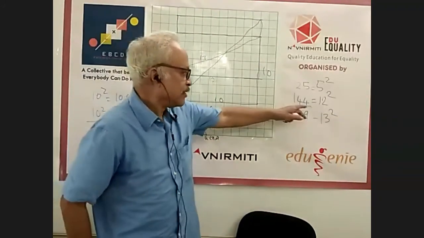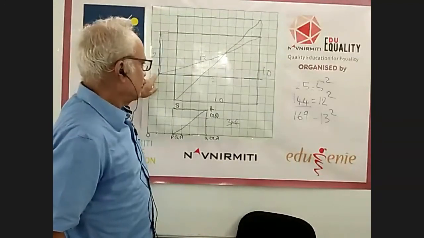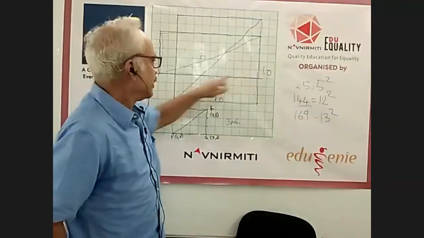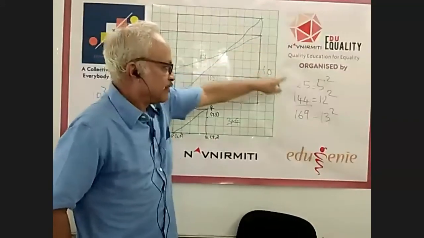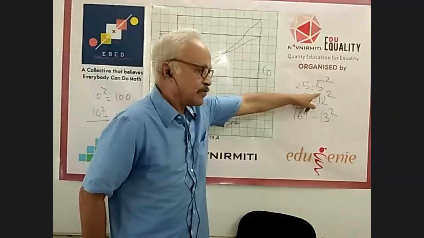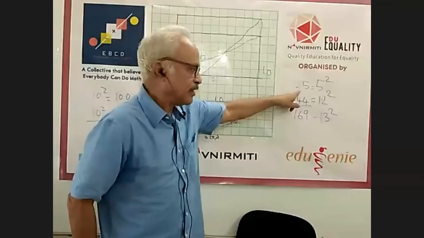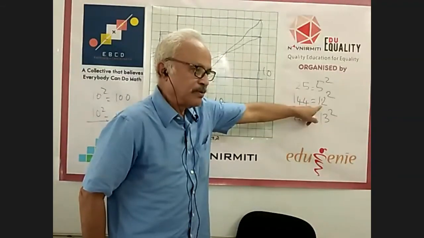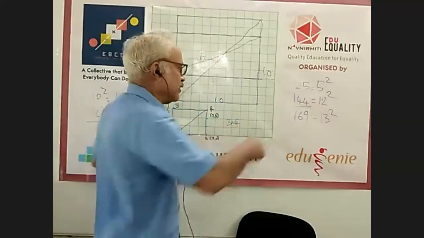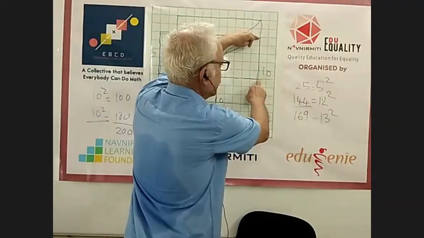Let's look here. One side was 5, one side was 12, and the diagonal was 13. So 5 squared is 25. The other side is 12. 12 squared. This 5 here is this side. Yes, sir. Understood now.